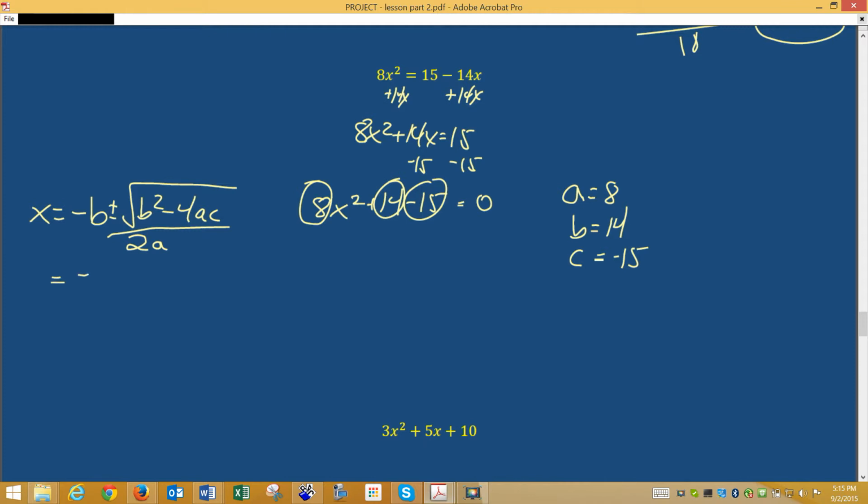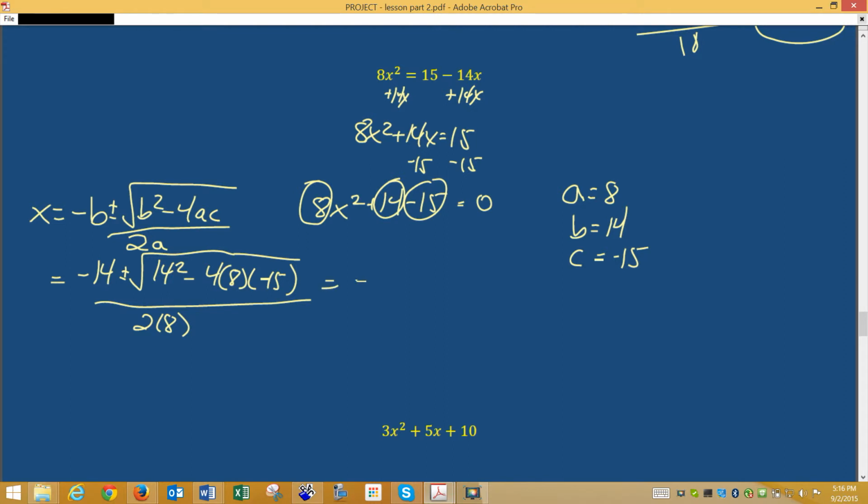So b is 14. 14 squared minus 4 times 8 times negative 15 all over 2 times 8. Okay, and that's equal to negative 14 plus or minus.